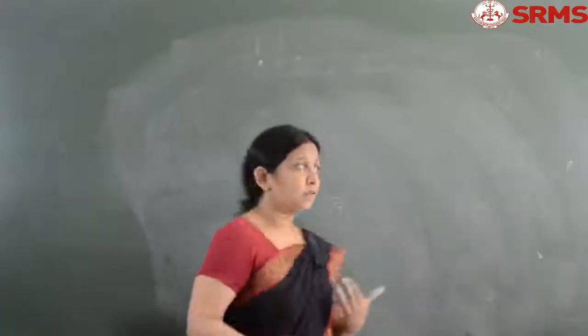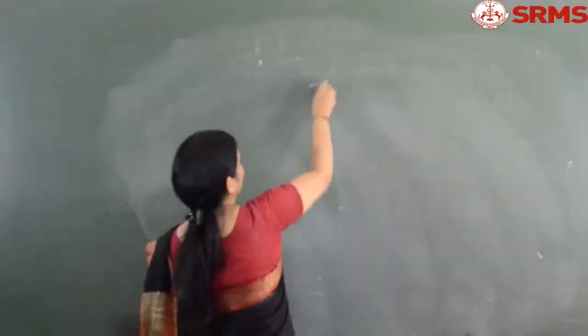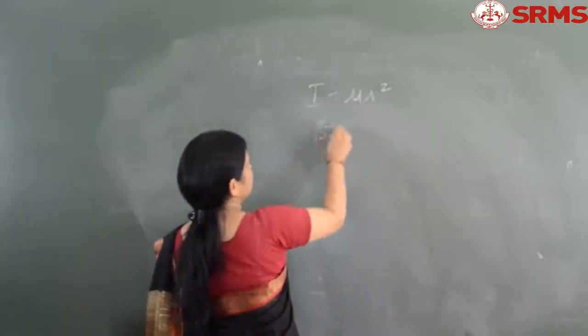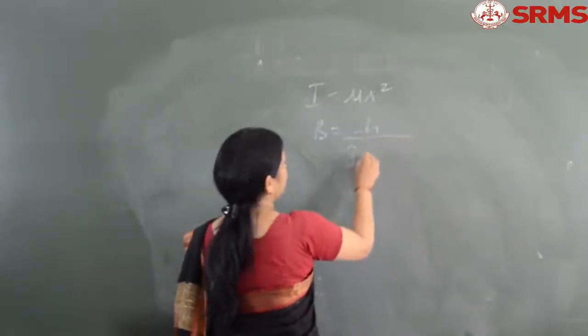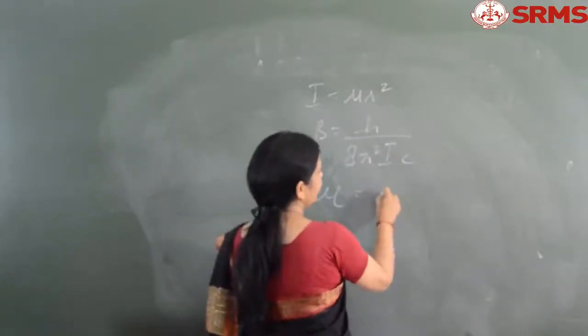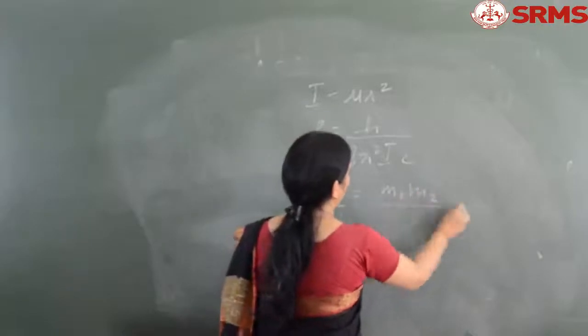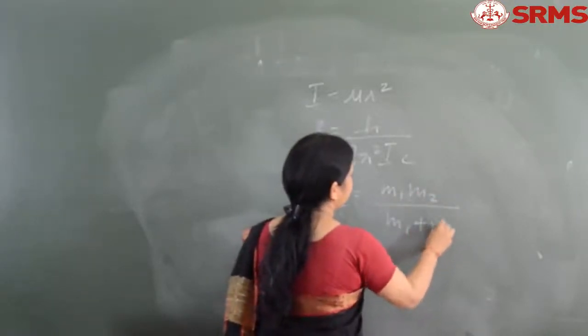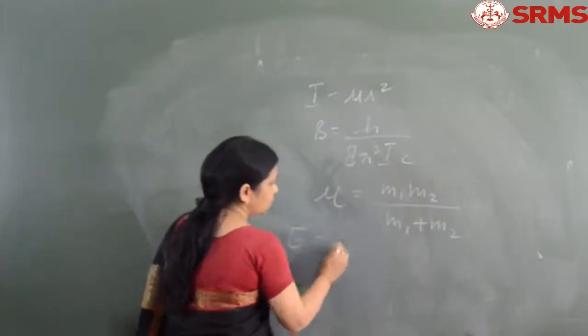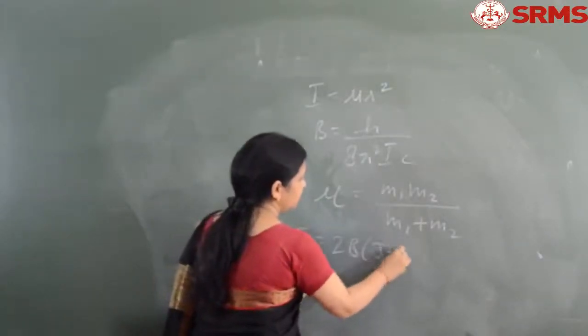Then we have done a derivation where we have derived I is equal to mu r square, then B is equal to h over 8 pi square I c, then mu is m1 m2 over m1 plus m2. Then the last equation which we came up with was 2B(J plus 1).